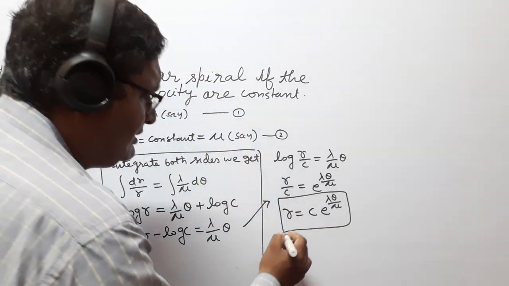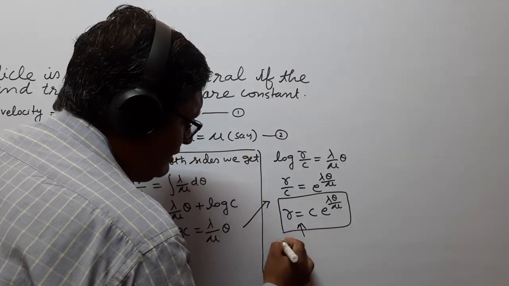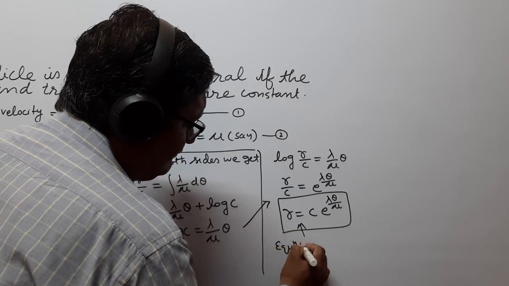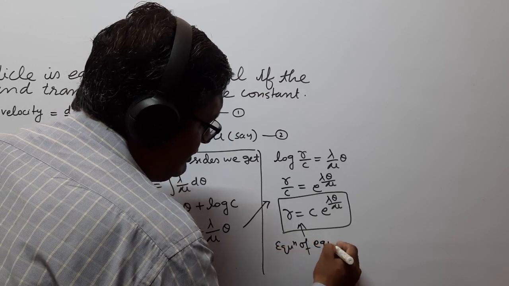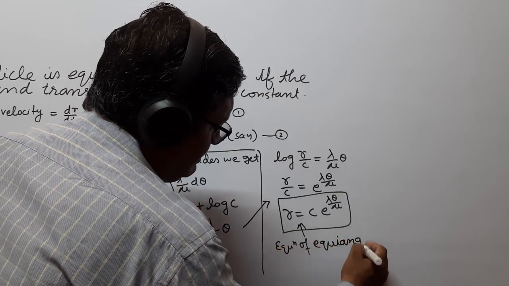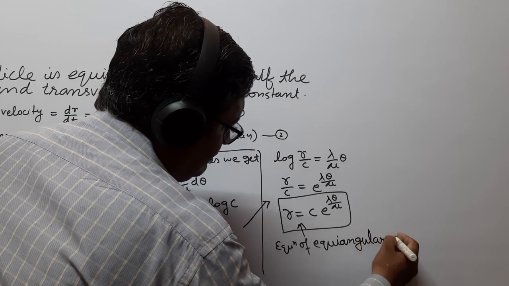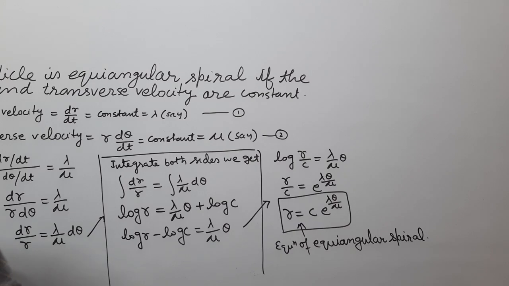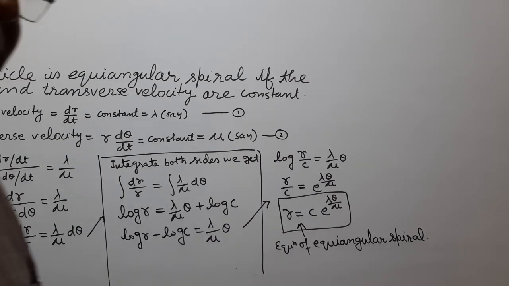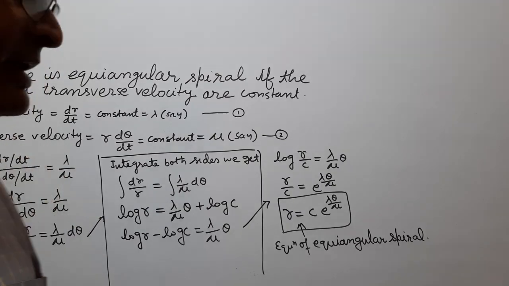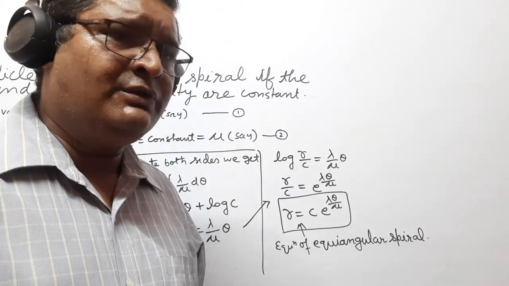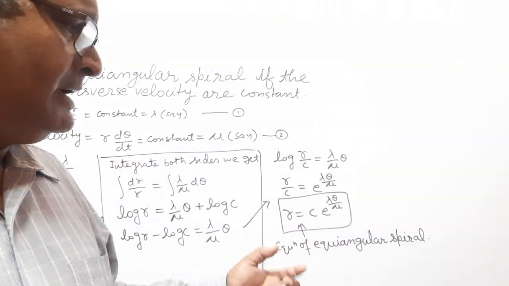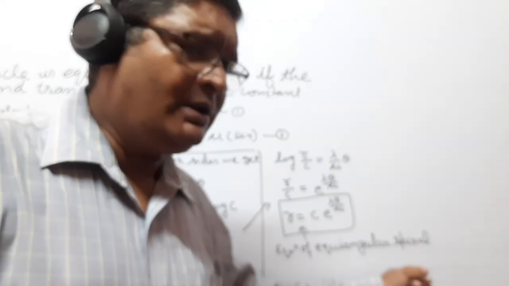We know that this is the equation of an equiangular spiral. So we can see that if the radial velocity and transverse velocity both are constant, the particle moves on a path that is an equiangular spiral.